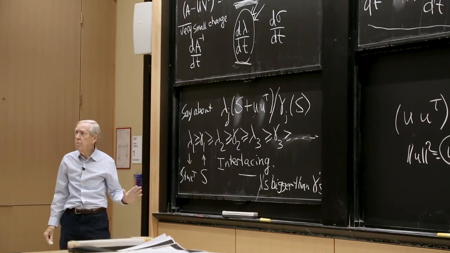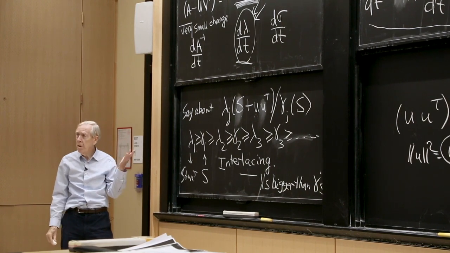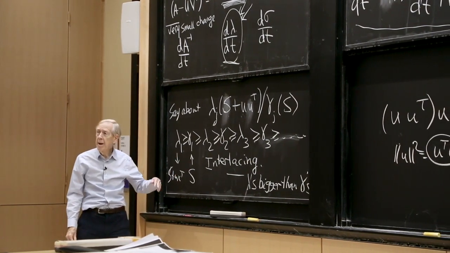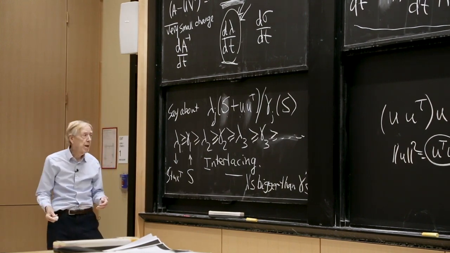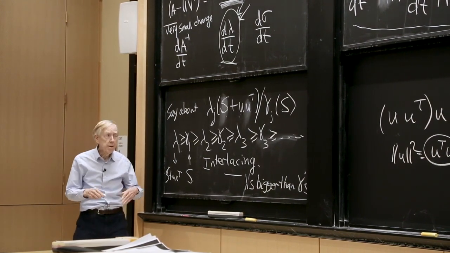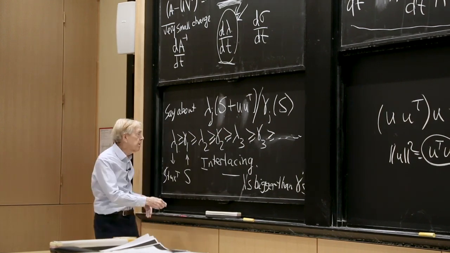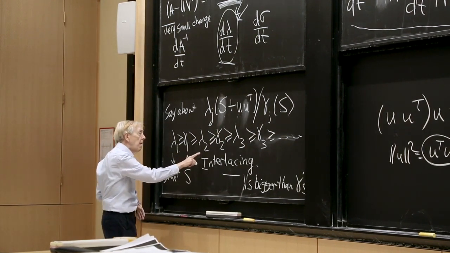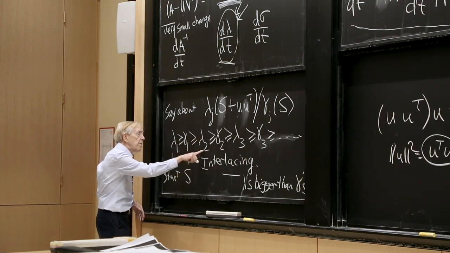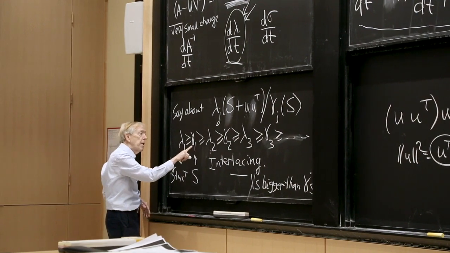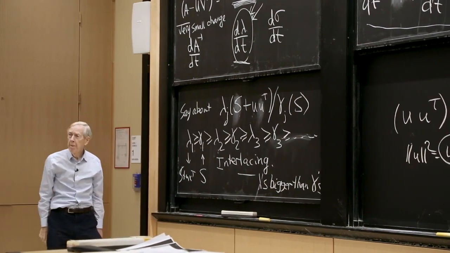So this is one of those wonderful theorems that makes your heart happy. If I do a rank 1 change, and it's a positive change, then the eigenvalues increase, but the new second eigenvalue doesn't pass up the old first eigenvalue.